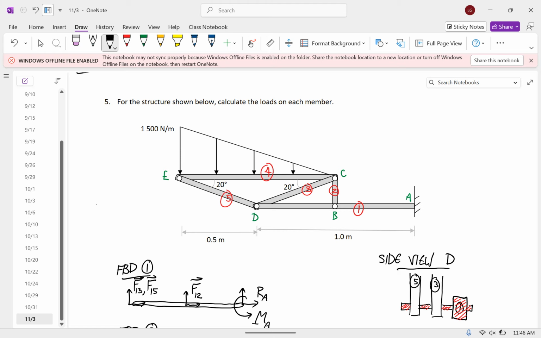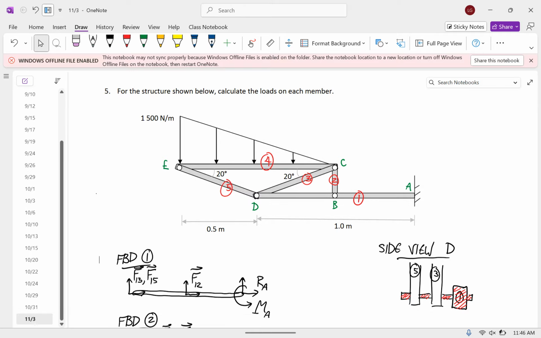I mean, not necessarily, but basically my 2 options are asking for free body diagrams of a complicated thing or asking you to solve a simple thing, you know?